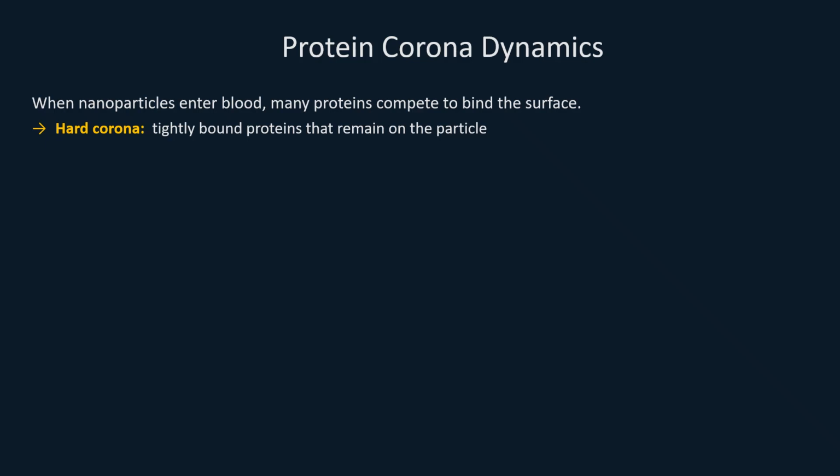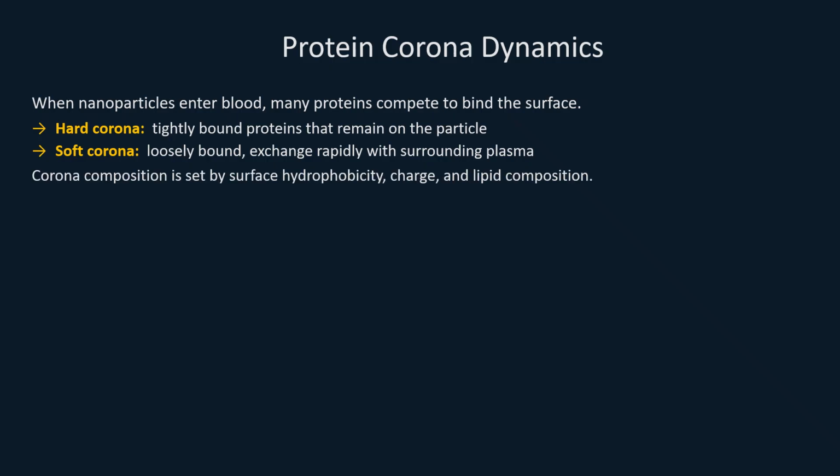Beneath that is the hard corona, which consists of proteins that bind more strongly and remain attached to the particle. The composition of this corona depends on the surface chemistry of the particle. Properties like surface charge, hydrophobicity, and lipid composition determine which proteins attach.